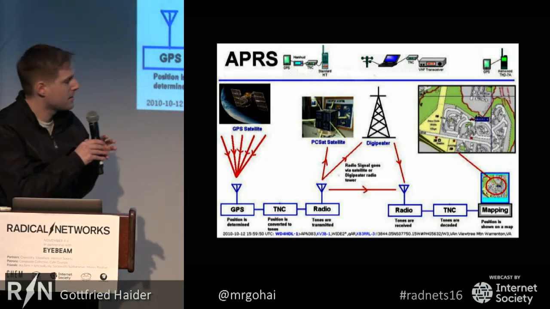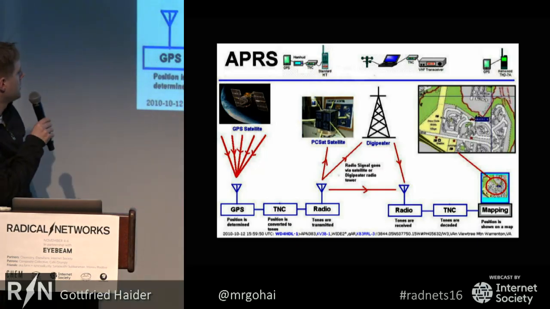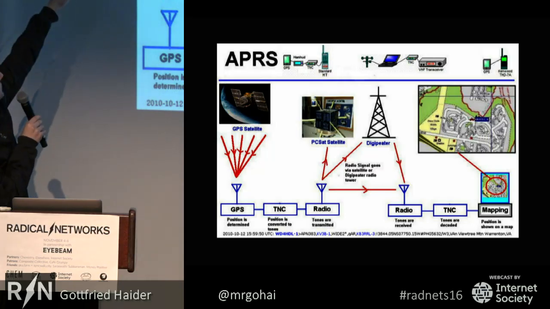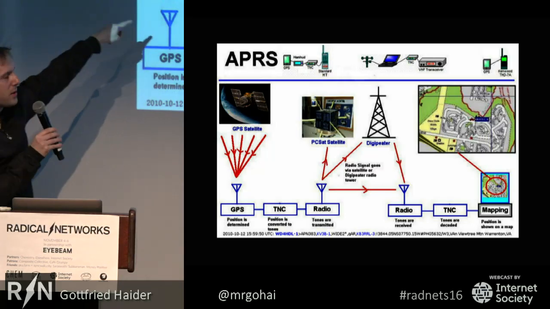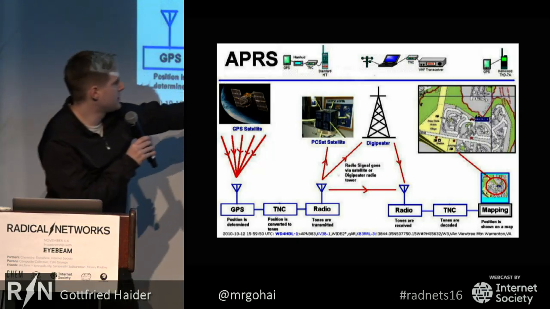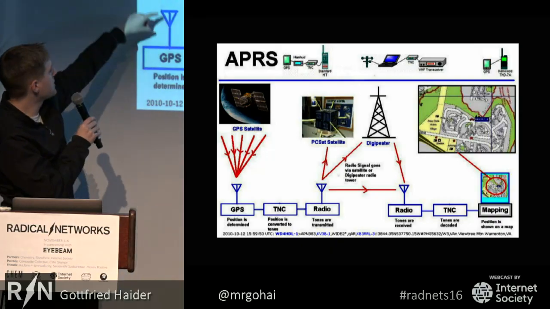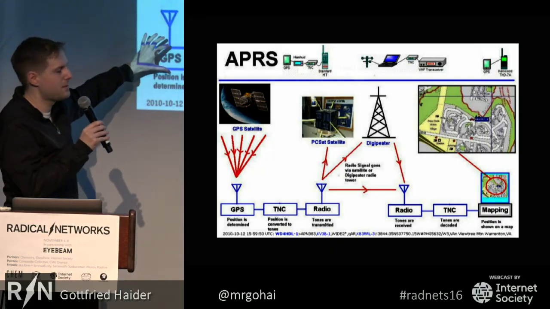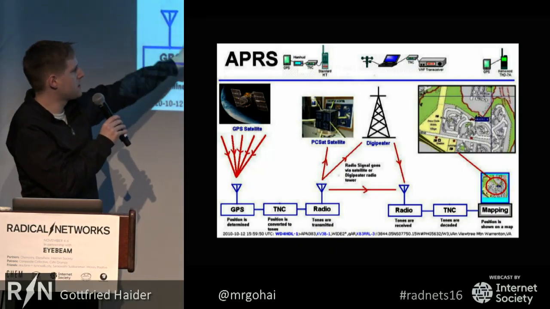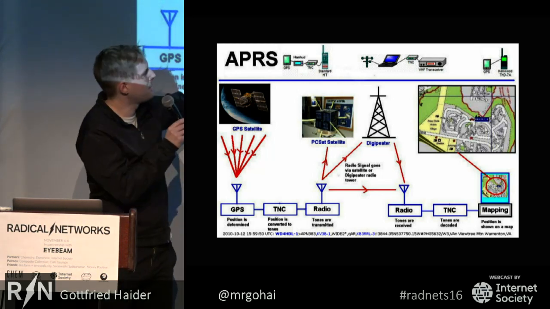This is a diagram taken from a website. So I'll walk you through the diagram real quick. This is basically one station. This assumes that you have a GPS connected with some sort of microcontroller that is connected with a radio.